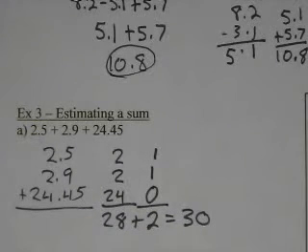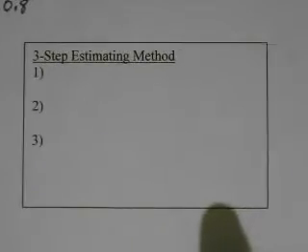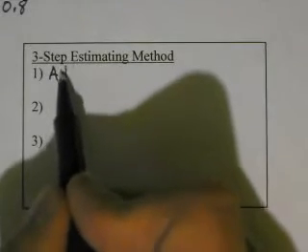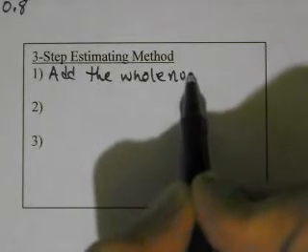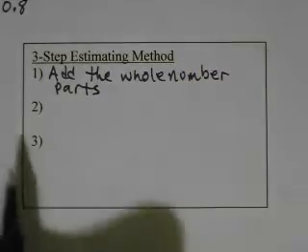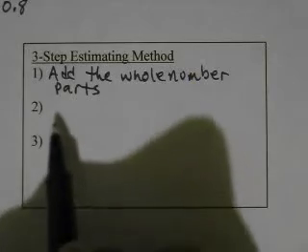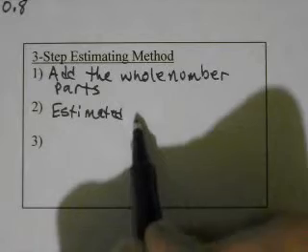Okay, so let's write a couple steps so we can remember this process because it is a little complicated. Step 1: add the whole number parts. Once you add the whole number parts together, the second thing we did was estimate the decimal parts.